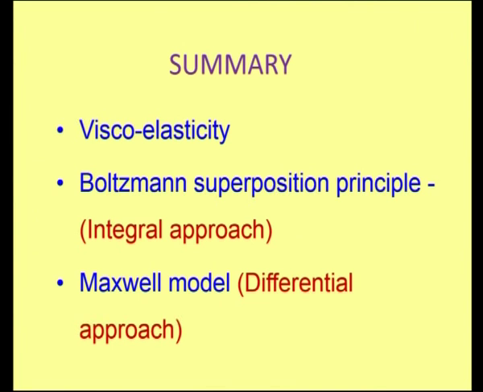In both cases we could find the stress at any point of time, and the strain at any point of time. And then there is one dimensionless number associated with this Maxwell model, which is called the Deborah number. So, a higher value of Deborah number means the material is more elastic in nature, and a lower value means the material is more Newtonian or viscous in nature. A moderate range of Deborah value will ideally explain the viscoelastic nature of the material.